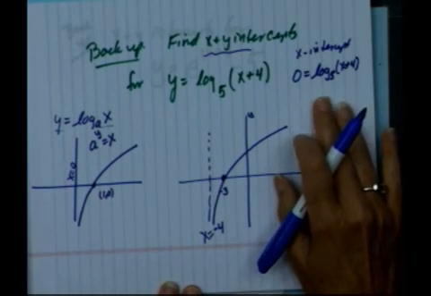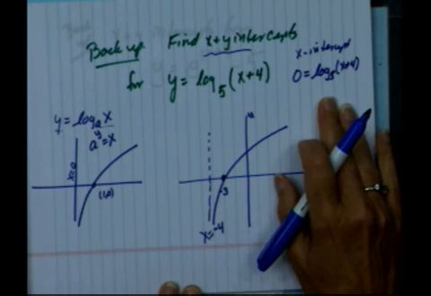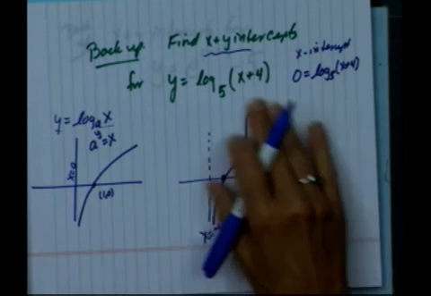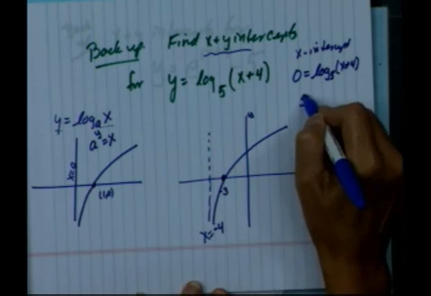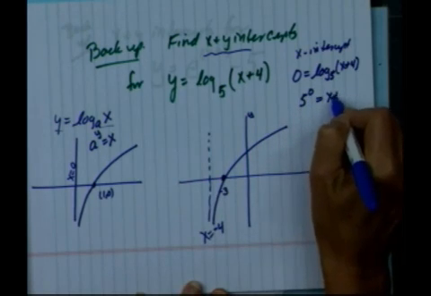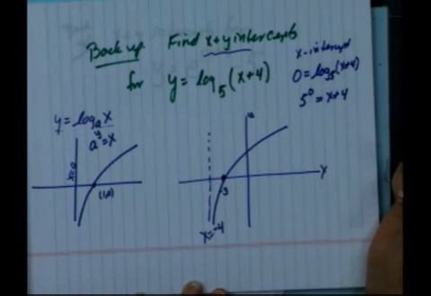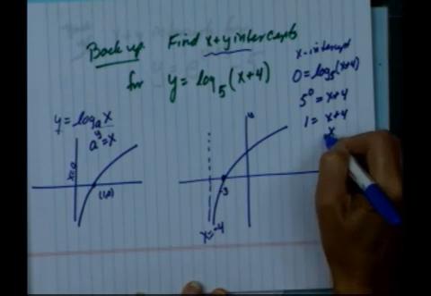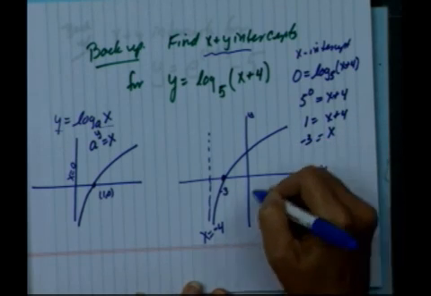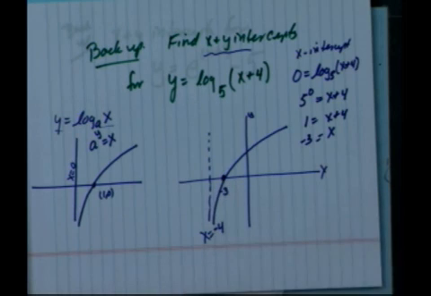How do you solve a log equation? Go to exponential form. So you have 5 to the 0 equals x plus 4. 5 to the 0 is 1. X equals negative 3. That's what we knew the x-intercept was going to be, and we just solved it algebraically.